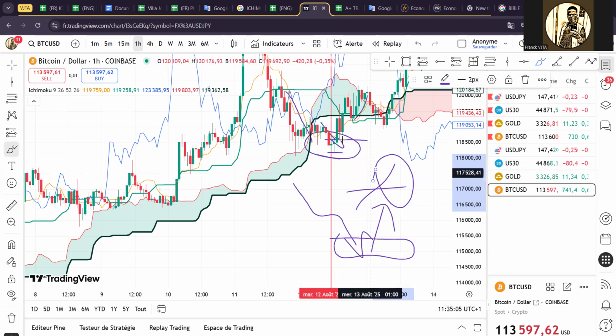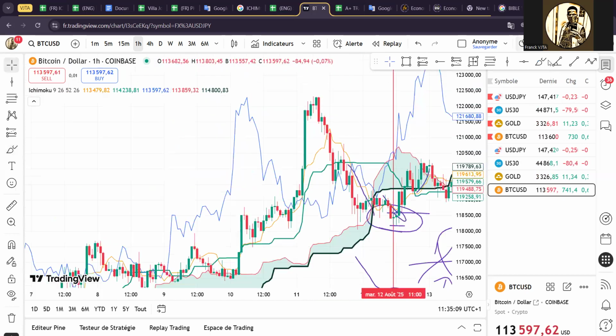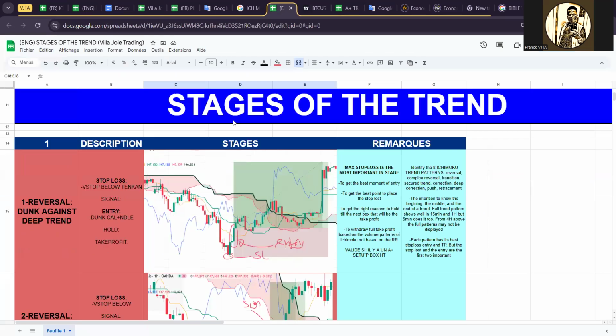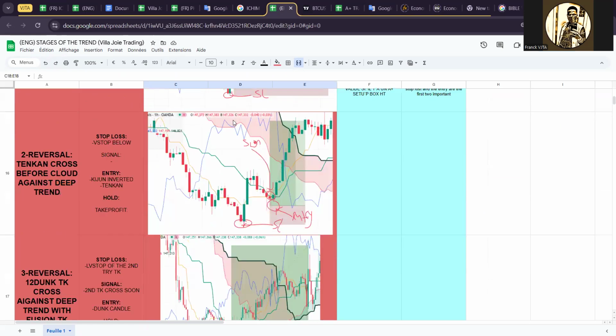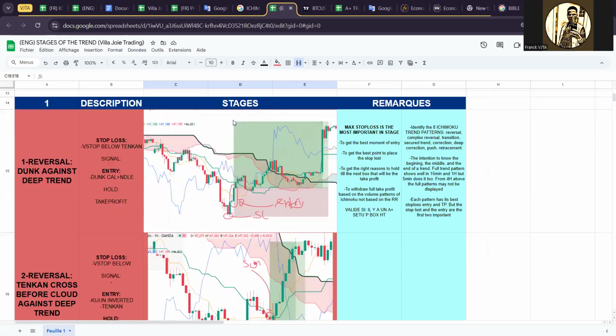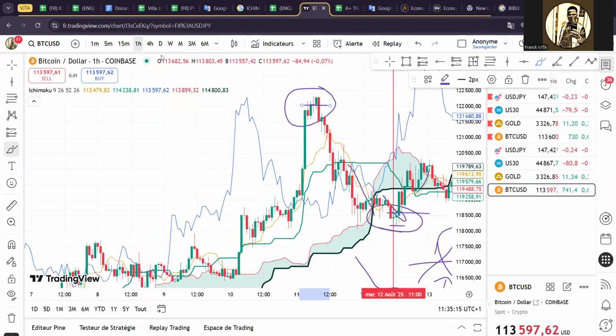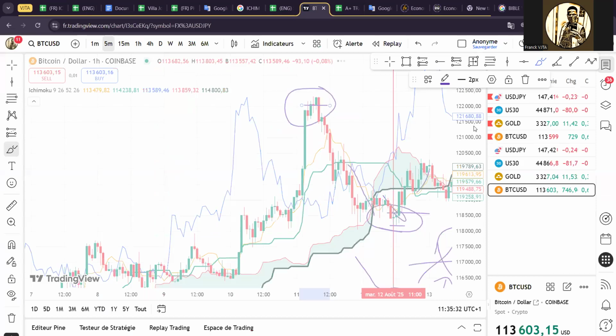That's why selling, even selling here, inside the empty space like this is very, how can I say it? It's very tricky. Now you can also have the 1, 2, 3 Dunk on 5 minutes.